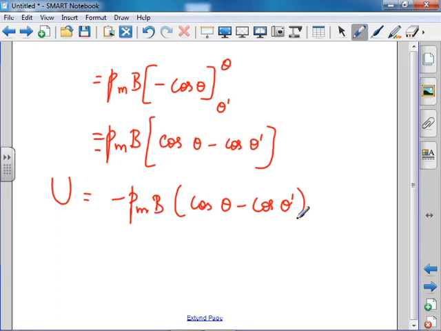ஓகே, இப்ப வந்து நம்ம என்னன்னு சொல்றோம்னா, theta dash-க்கும் theta-வுக்கும் உள்ள difference, இந்த potential energy-ஐ நம்ம represent பண்ணிருக்கோம் இல்லையா.